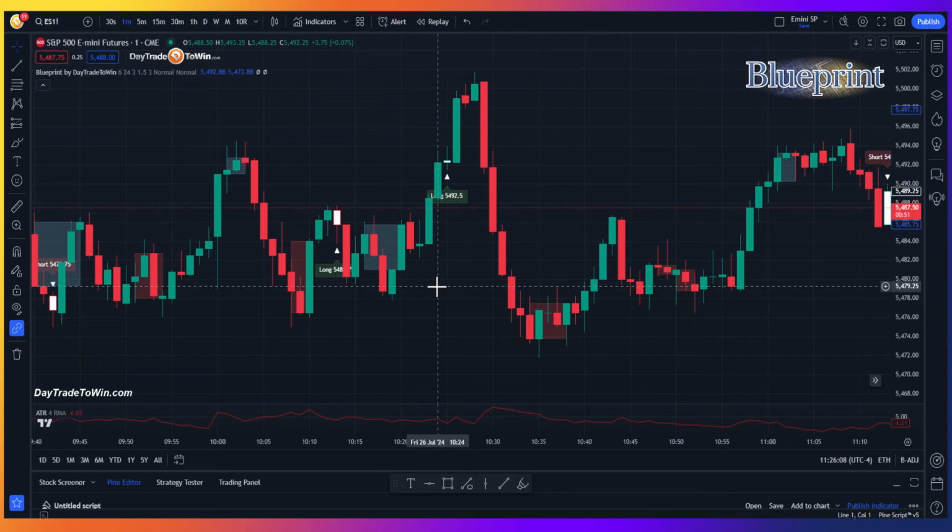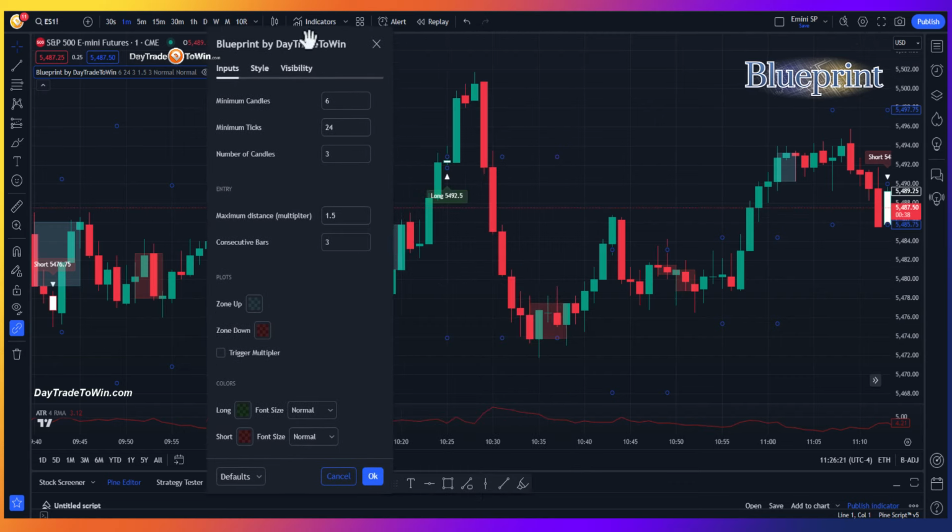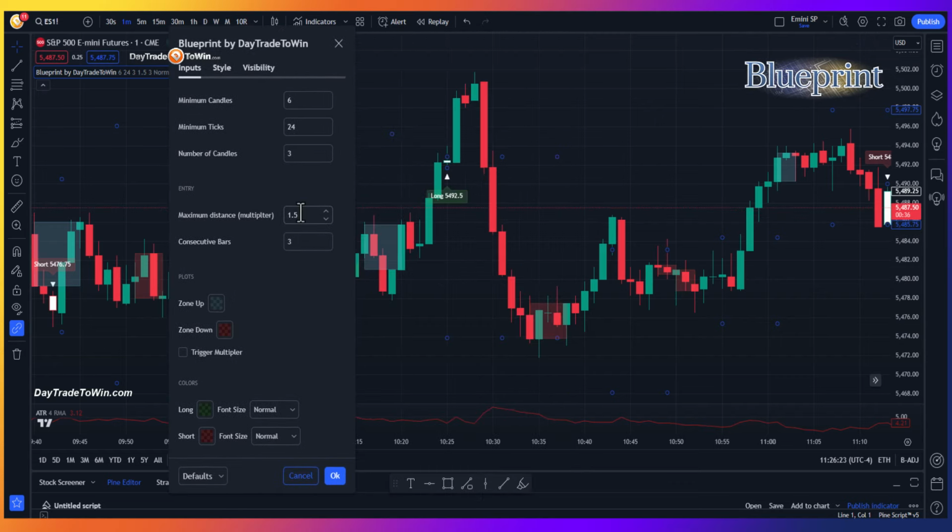Now the distance multiplier is very important because we don't want to enter too far away. The distance multiplier tells me how far away the distance should be. If you're too far away, it doesn't make sense to enter into the market. If you set this to just half of a multiplier, that means when the market breaks out it is very close to that shaded box.